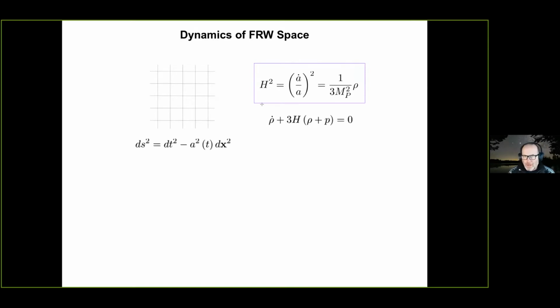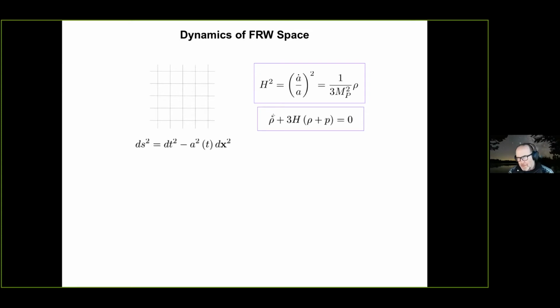And furthermore, you have a second equation, which is a continuity equation, which tells you how the energy density varies with expansion, right? So the first equation is John Archibald Wheeler's famous statement that matter tells space how to curve. The energy density tells you the expansion rate of the universe.